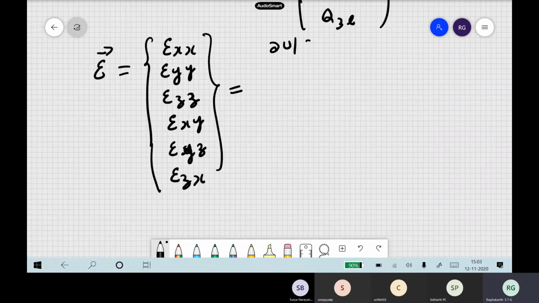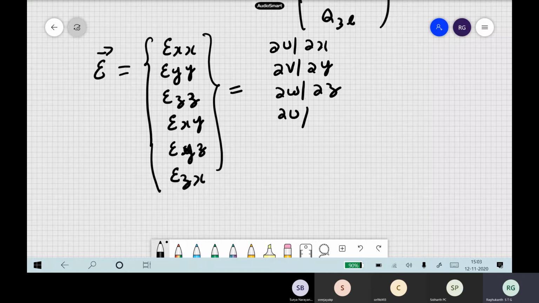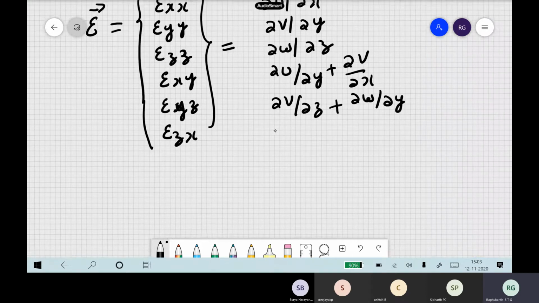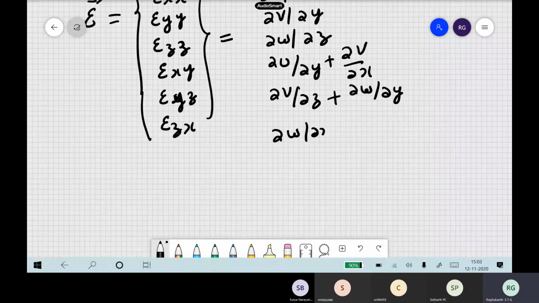So dou u by dou x, you would have already seen in continuum mechanics. So dou v by dou y, dou w by dou z. Then dou u by dou y plus dou v by dou x, and then dou v by dou z plus dou w by dou y, and then dou w by dou x plus dou u by dou z.